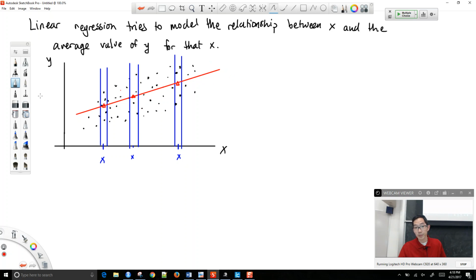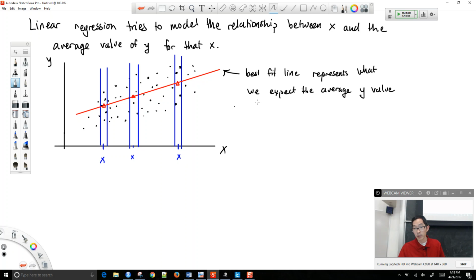This best fit line represents what we expect the average y value to be for a particular x. For this particular x value, we expect the average y to be here at this line.